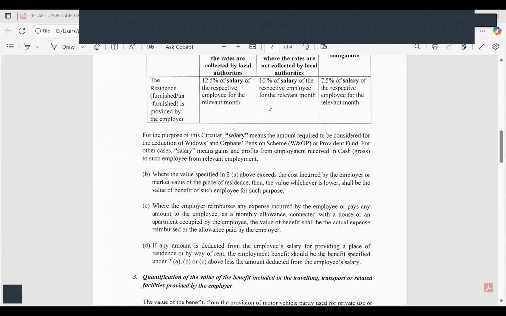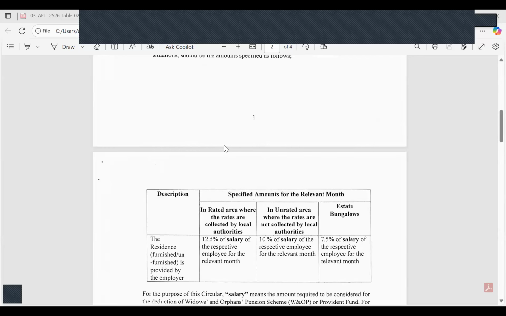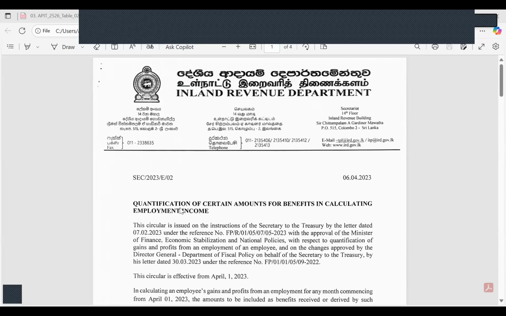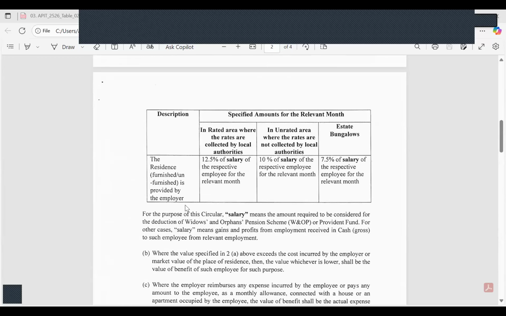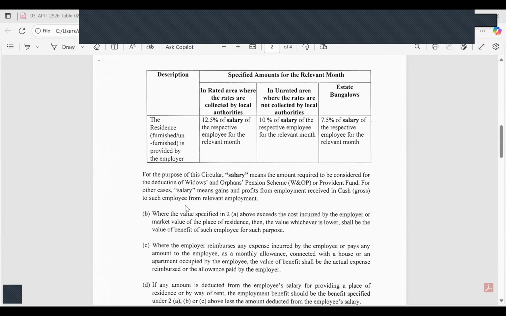But we are instructed to apply only the value whichever is lower. That is the amount we have to consider as a benefit. That is why we are calling this a quantification. If we are not using that word, we have to consider the market value.